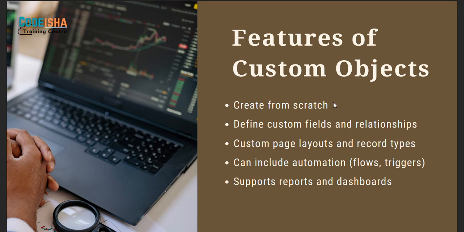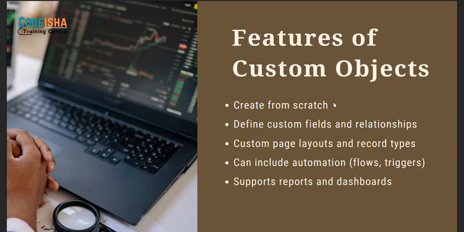Now you might have a question: custom objects support reports and dashboards, right, but do standard objects not support reports and dashboards? Yes, standard objects also support reports and dashboards. So don't worry about it.